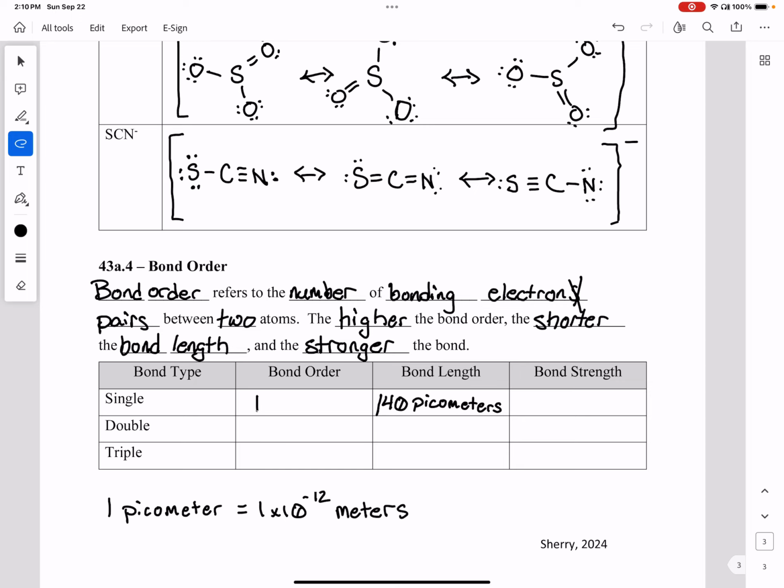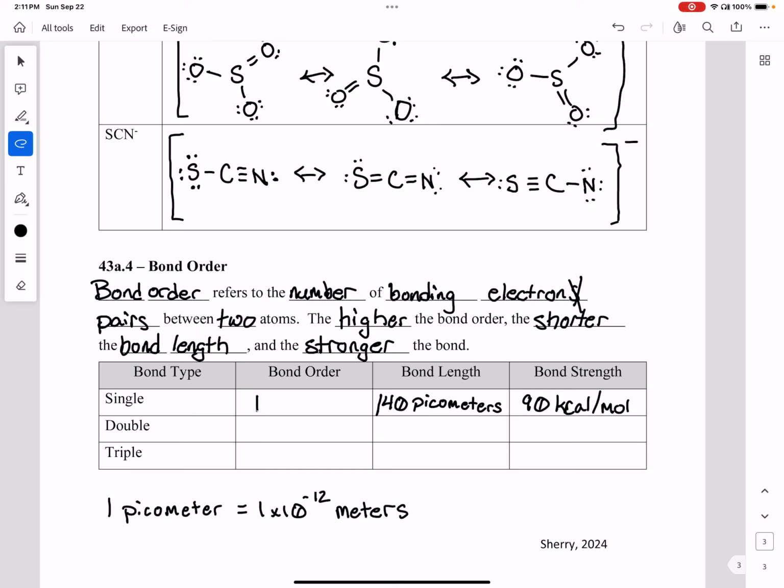So it is very tiny. So it's 140 picometers for a single bond, and it takes approximately 90 kilocalories per mole to break that bond. And so don't worry about what a mole is yet. It's just a specific amount of molecules. We'll go into more detail later.